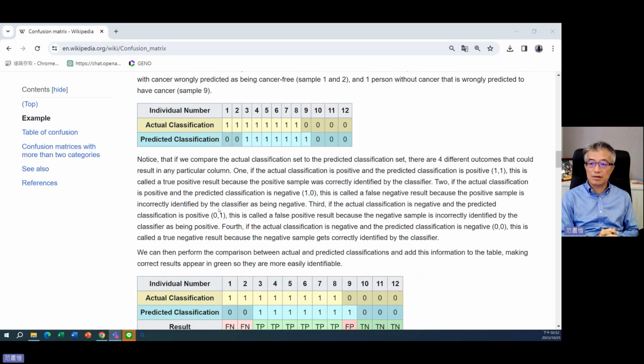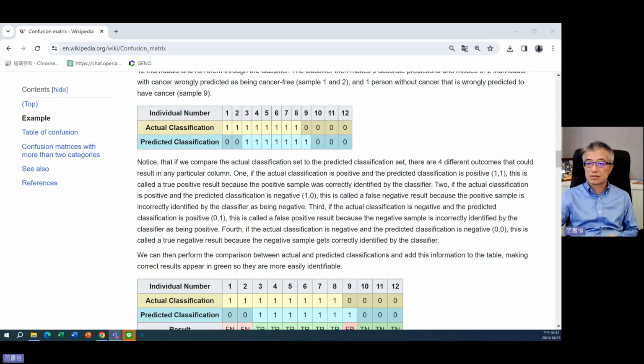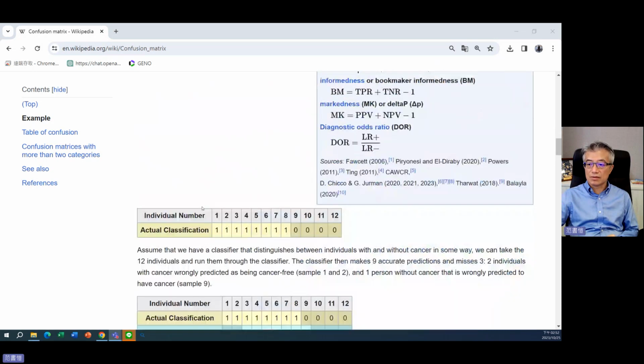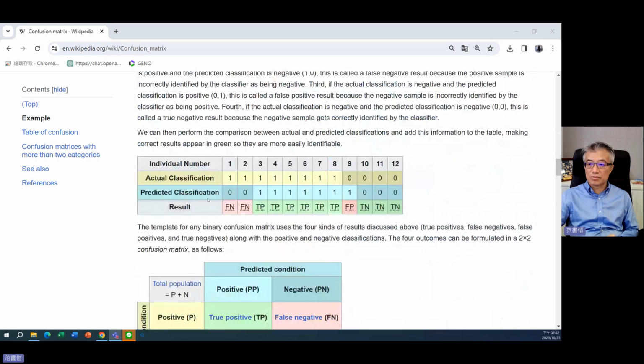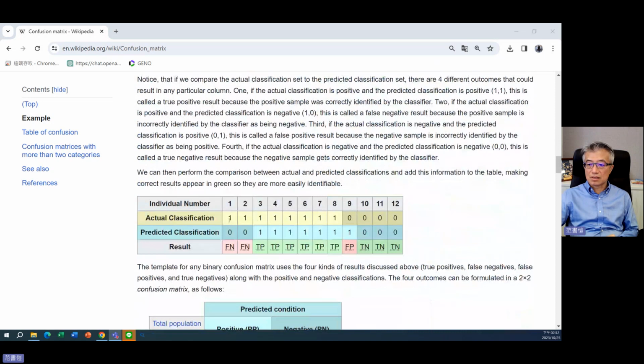So if we compare the actual classification set to the predicted classification set, there are 4 different outcomes that could result in any particular column. So the actual and the predicted. This is with cancer and predicted as non-cancer, so the false negative.